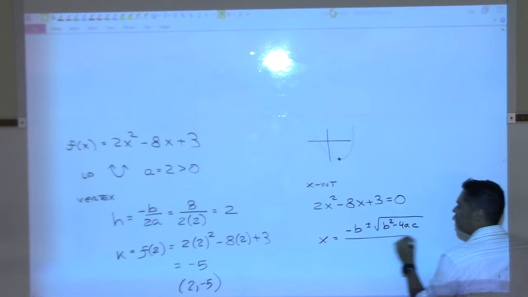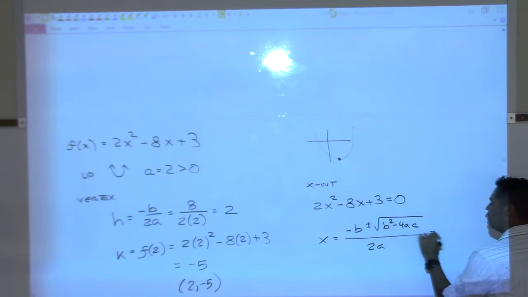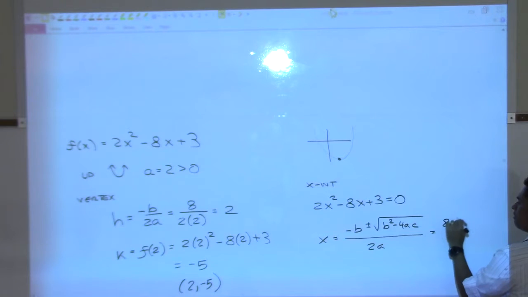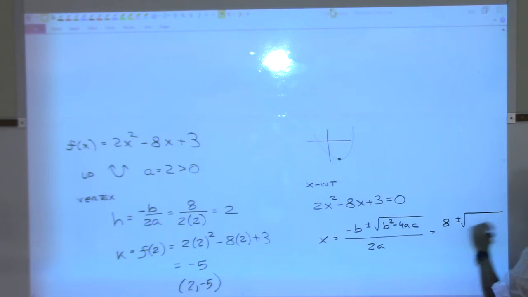I'll give you that formula, right? So for us, negative b is 8 plus or minus the square root. B squared is 64 minus 4 times a, which is 2, times c, which is 3, all over 2 times 2. Sorry, I know I'm going fast, but this is a review.